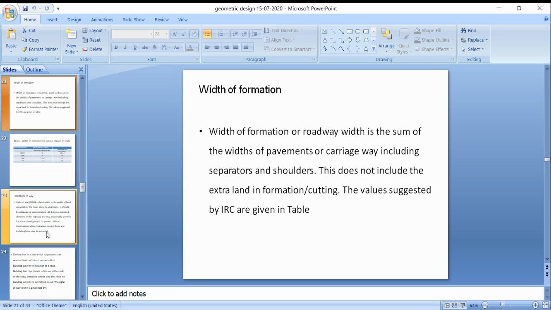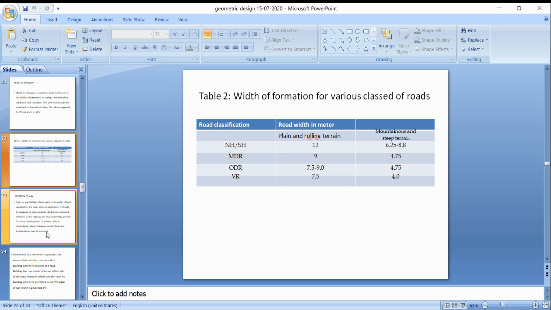The width of formation is the top width of the road embankment or the bottom width of the roadway in cutting, excluding the side drains. Here we can see the width of formation for plain areas and for hilly areas.